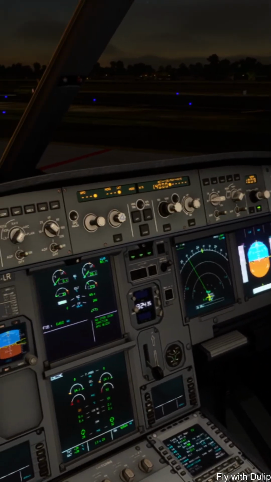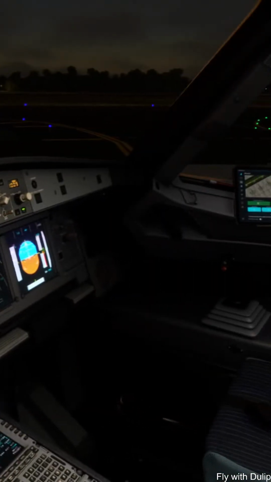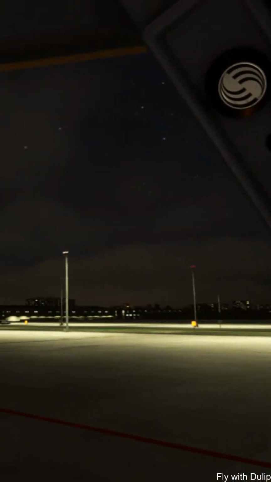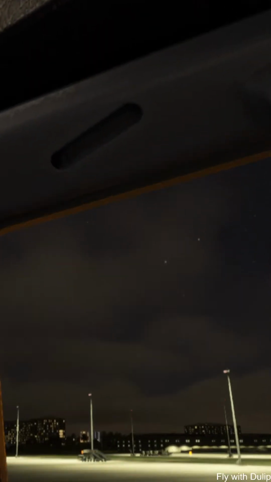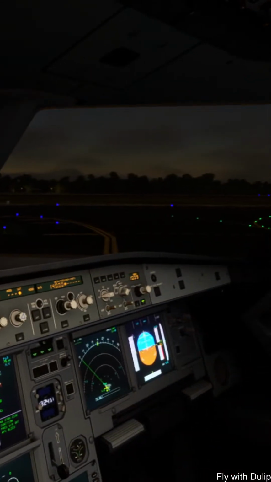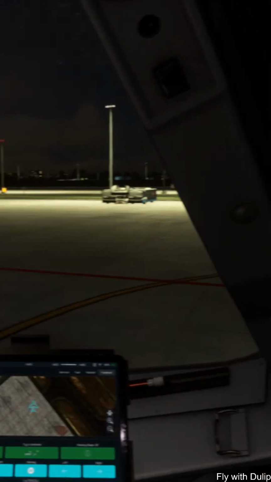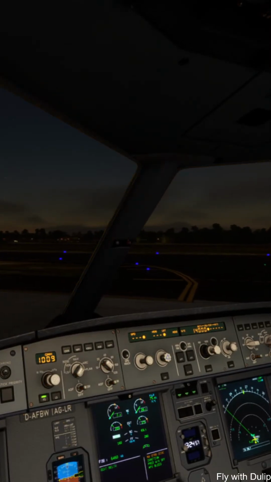You can see some follow me cars and the operations vehicles going here and there on the runway, and it is getting darker moment by moment, but that is totally okay because you are here and we are here. Right now we have taken our seats, fastened to go.